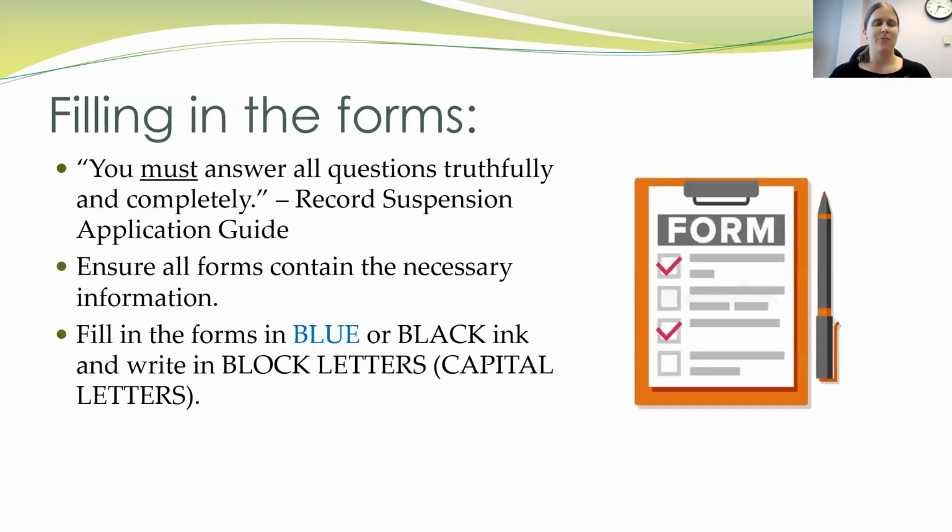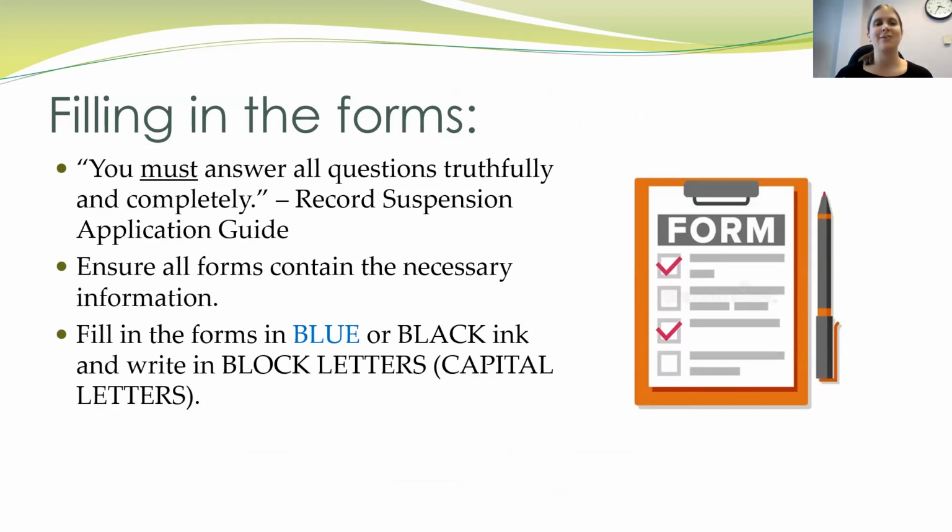Now, when you're filling in the forms, some general tips: you need to make sure that you're answering all the questions truthfully and completely. Not doing so has the potential consequence of having the application returned to you if it's incomplete, or, if you're even granted a record suspension and the Parole Board of Canada found out later that you were trying to hide something or were untruthful about something, this could have the potential consequence of having your record suspension ceased or revoked.